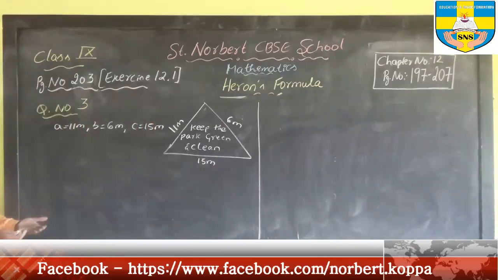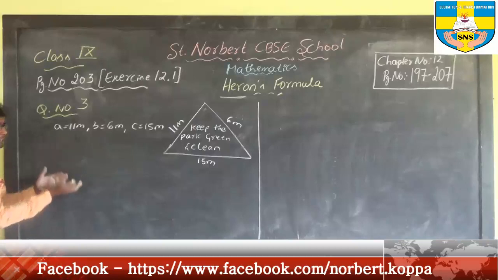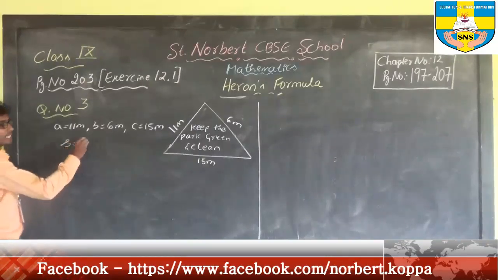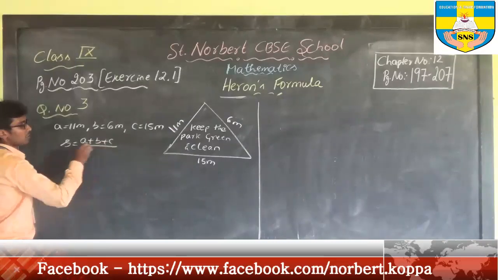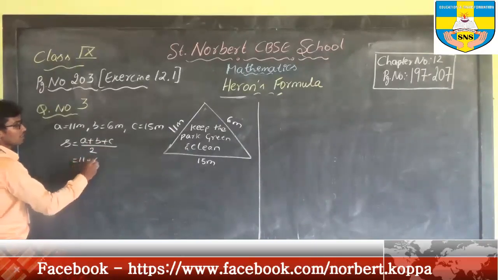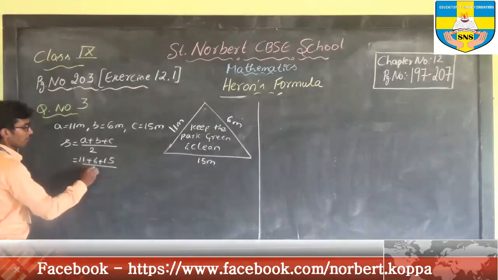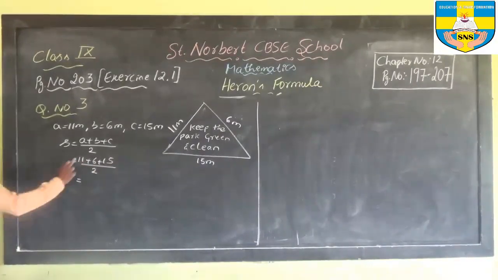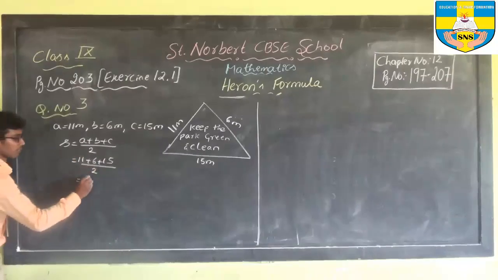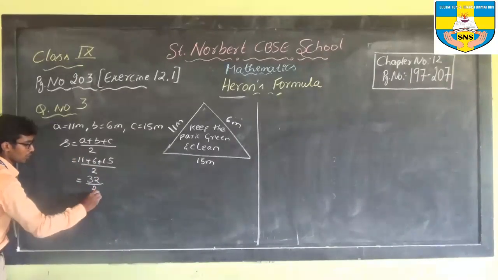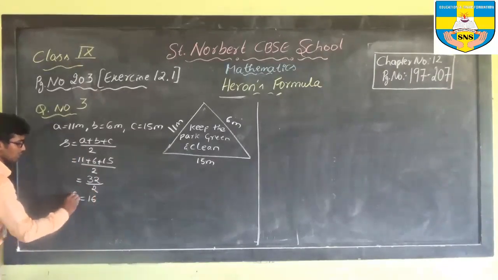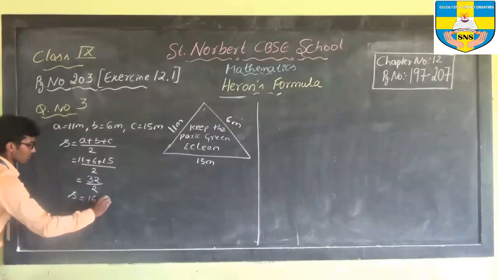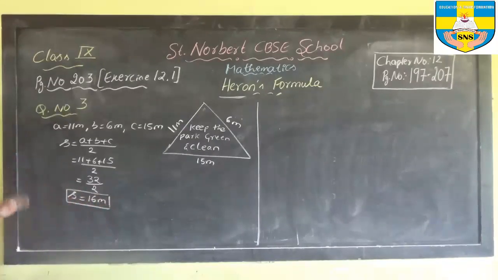So what we used to do, like in the previous problem, before going to the Heron's formula, you need to calculate S. S is nothing but A plus B plus C divided by 2, 11 plus 6 plus 15 divided by 2. Okay. So what is 11 plus 6 plus 15? This is nothing but 17. 17 plus 15, 32 divided by 2, 16. So we have 16 for S.